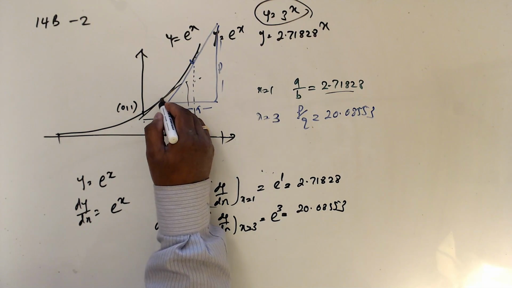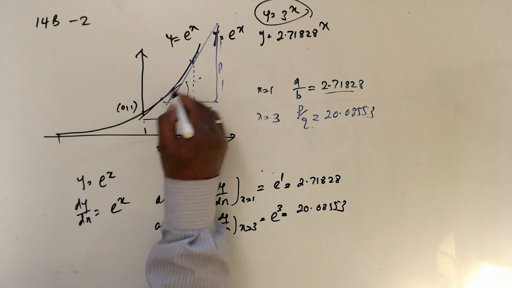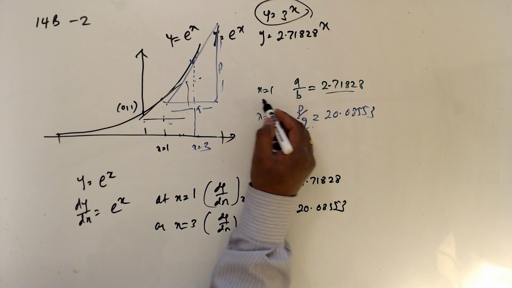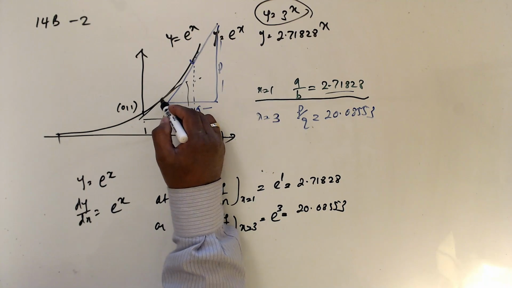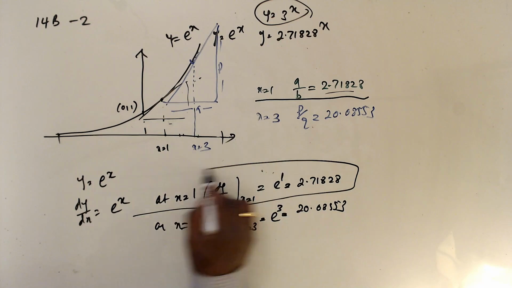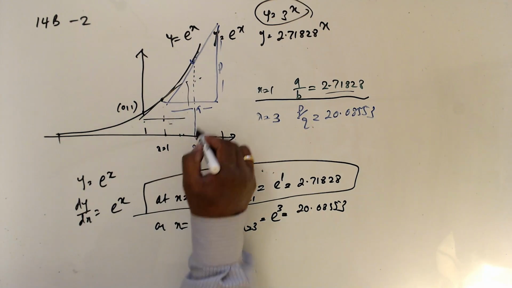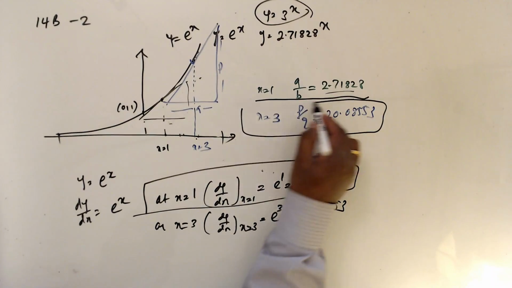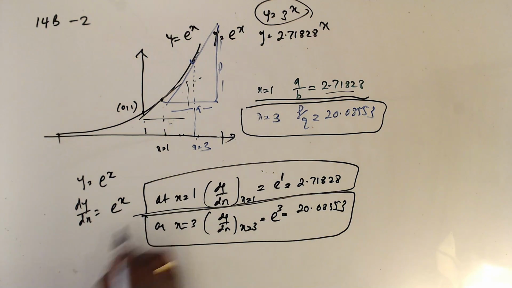Here we found out geometrically. We drew the curve and then found the gradient at x equals 1 by drawing a tangent. Sorry, algebraically. Now for x equals 3, we found the gradient geometrically, and now we found it here algebraically.